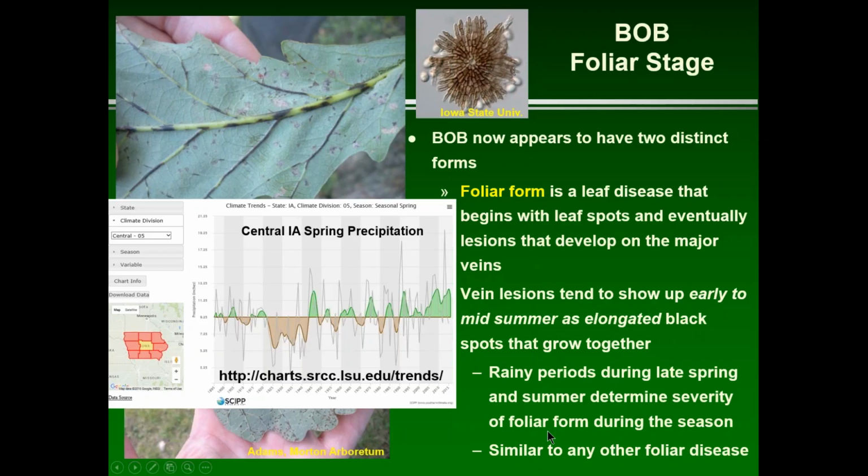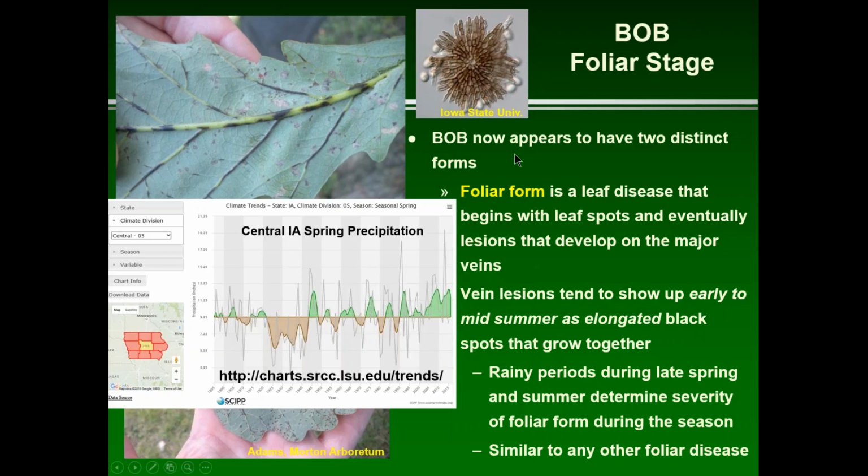So this is going to be similar to many other foliar type diseases, whether it be other foliar diseases of oak, such as Tubakia or oak anthracnose, as well as many of our other foliar diseases of other plants, such as apple scab and rust, that we know that rainy spring weather can increase the amount of disease we see from season to season, depending on how that spring rainfall pattern occurs.